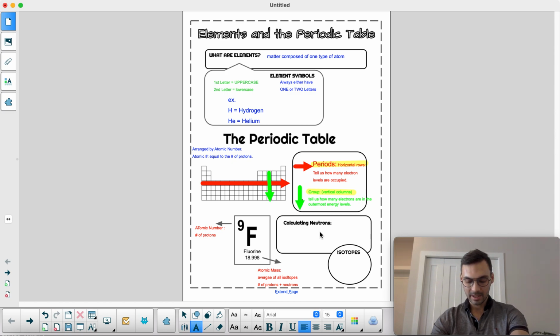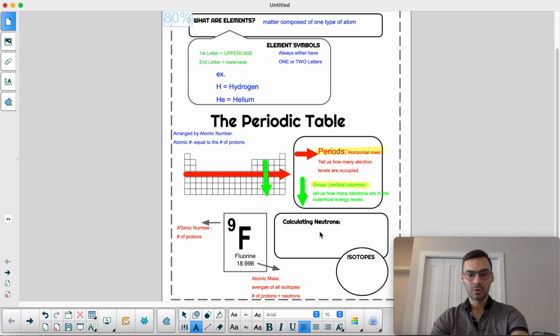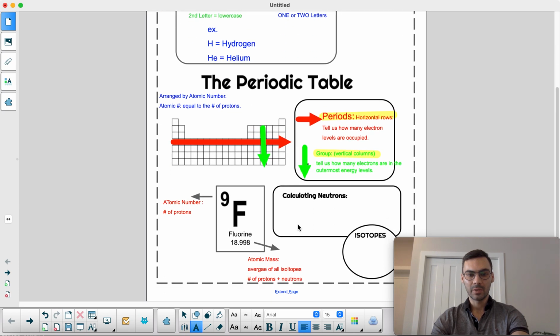So let's calculate neutrons. We know atomic number on this side right here is the number of protons. And we know that there are 3 different types of mini little particles inside of an element. We know that there are protons, neutrons, and electrons.